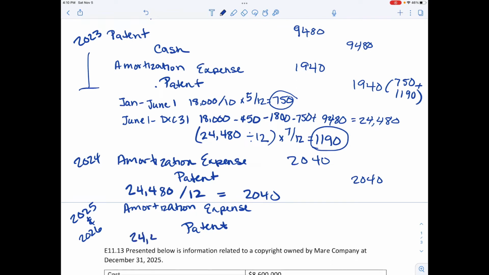So we started out with 24,480. We subtracted out of that the 1190, and we subtracted the 2040 from that carrying value, which gives us a total value of 21,250. I'm going to take that, divide that by 2, because I only have 2 years left, and each year is going to be the same amount of 10,625.